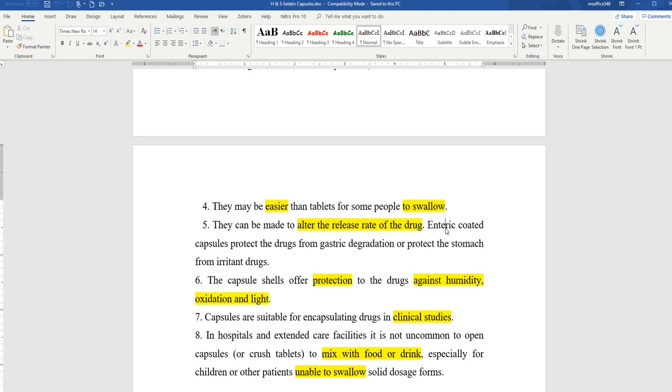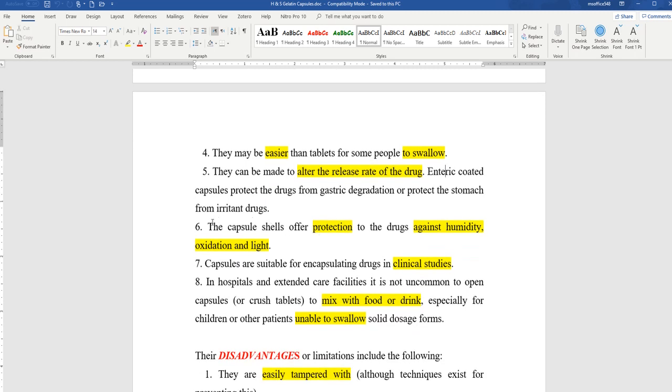But when the pH goes above 5 or 5.5, the coat will dissolve readily. So what I mean to say is, we can control the drug release rate and also the site of release.